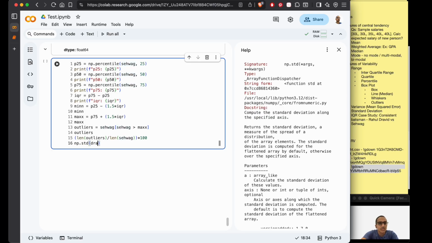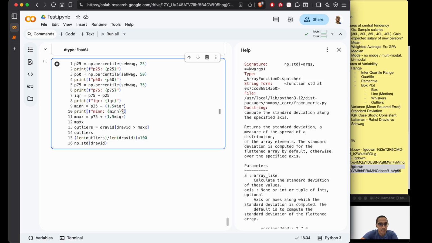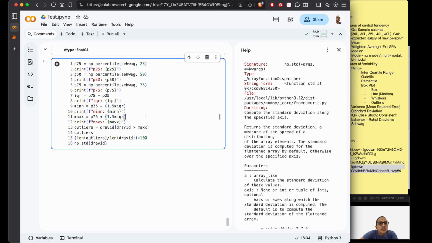In this case, this will be Dravid. So this will be min, then we will do it for max as well. And we'll print the outliers as well.